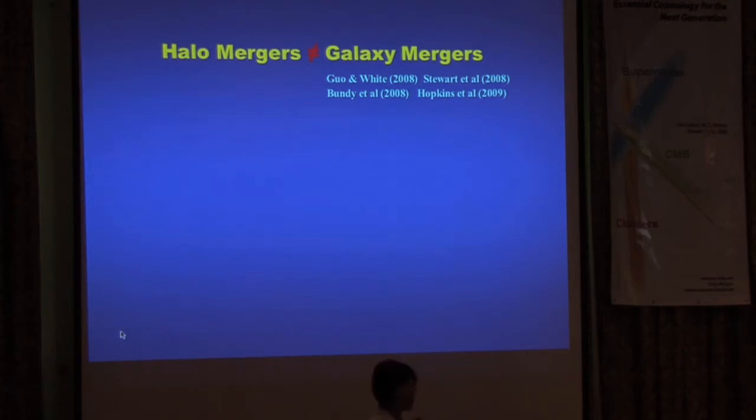Then you can relate halo mergers to galaxy mergers. And Kevin Bundy, who's here, also has a paper that hopefully will be posted to the web soon on how you would use close pairs of galaxies to actually measure merger rates.